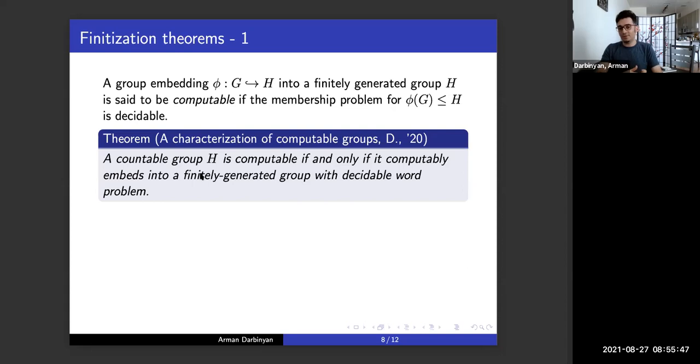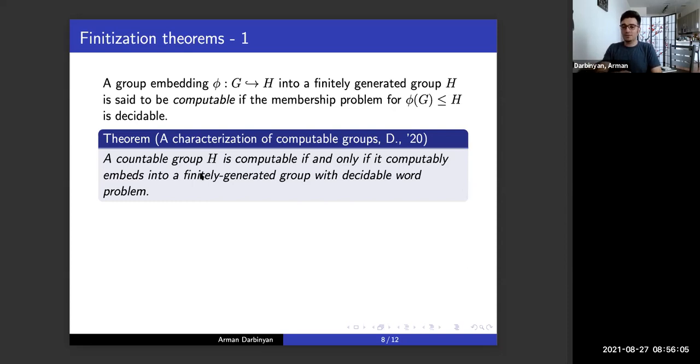So the first theorem of this kind is a characterization of computable groups, which says that a group is computable if and only if it computably embeds into a finitely generated group with decidable word problem.